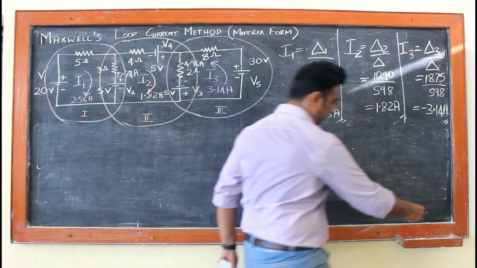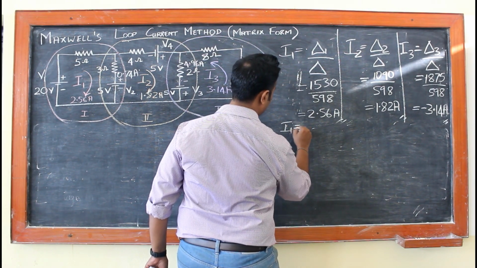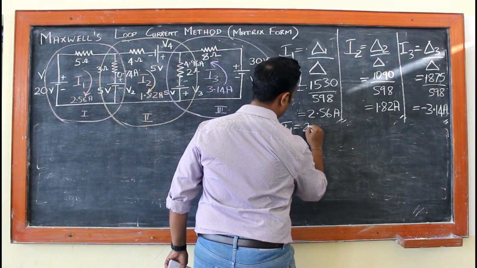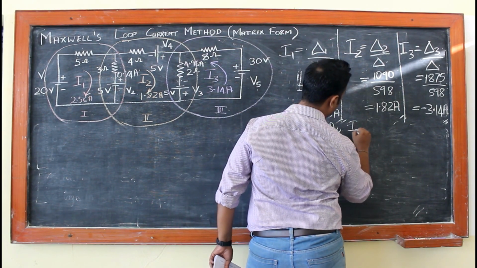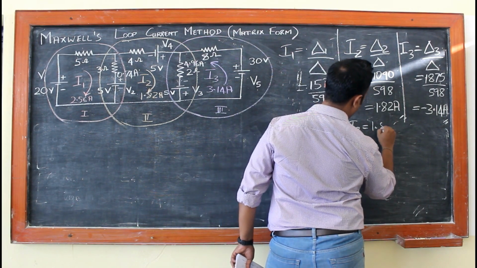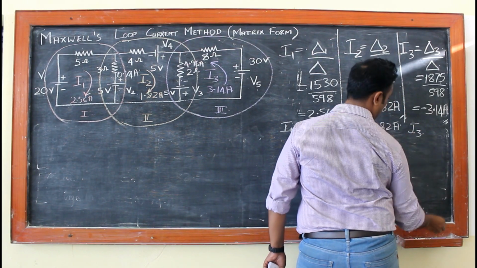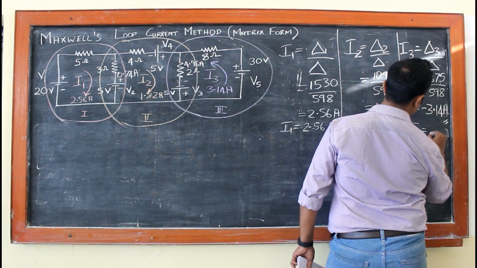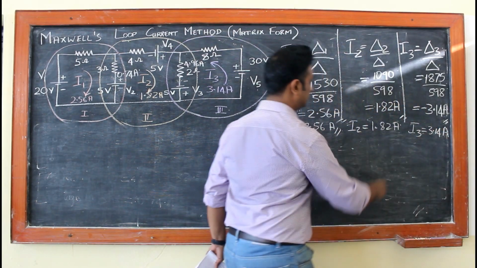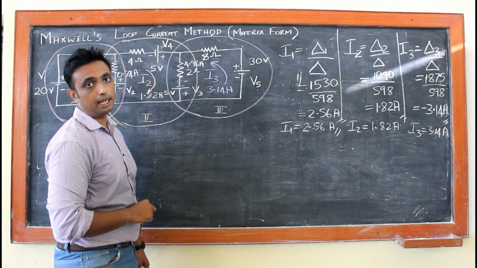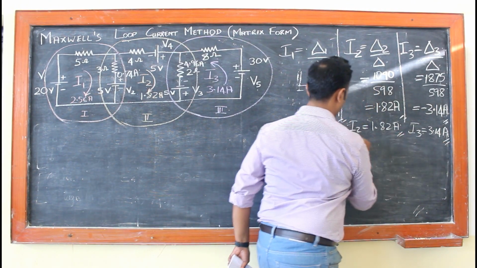So now my currents will be I1 equals 2.56, my I2 equals 1.82, and my updated value of I3 will give me 3.14 amps, which is positive in nature because I have already changed the direction in my figure. So these will be my updated values.